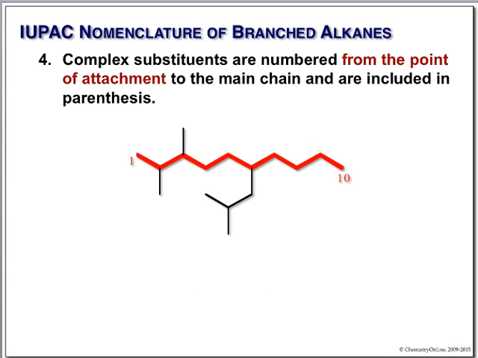When you have a thing hanging out there, the proper way to indicate that is by giving it its own numbering system. By definition, carbon 1 is going to be the point of attachment. So this is carbon 1, carbon 2, and carbon 3.